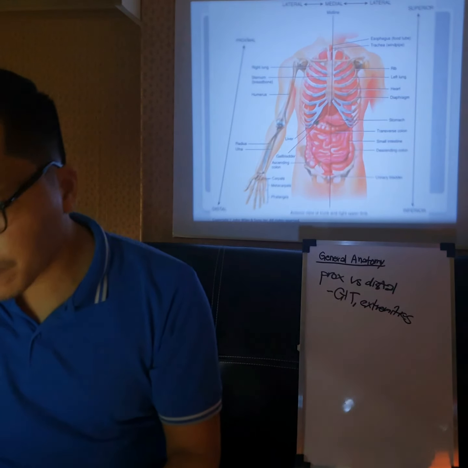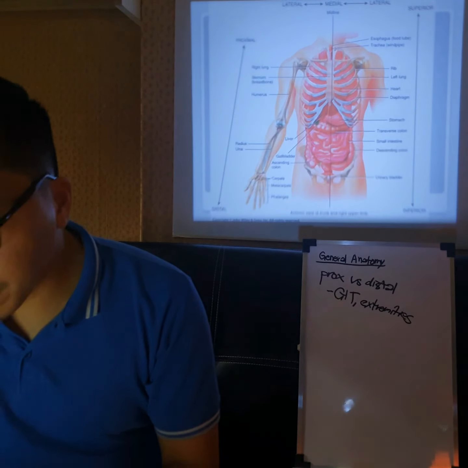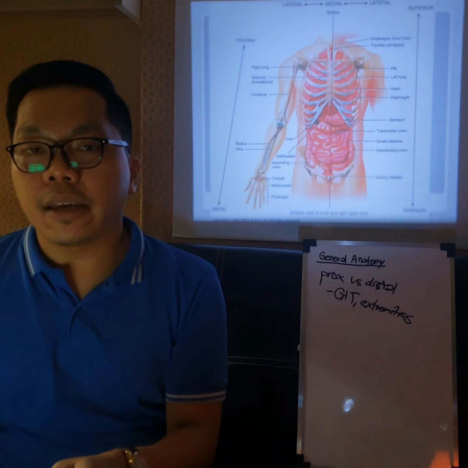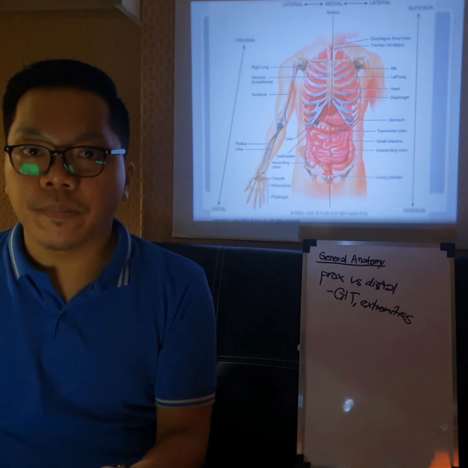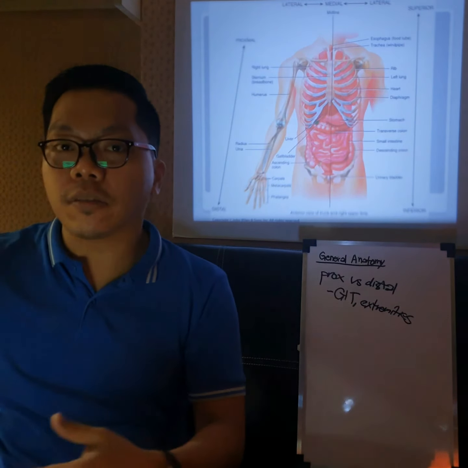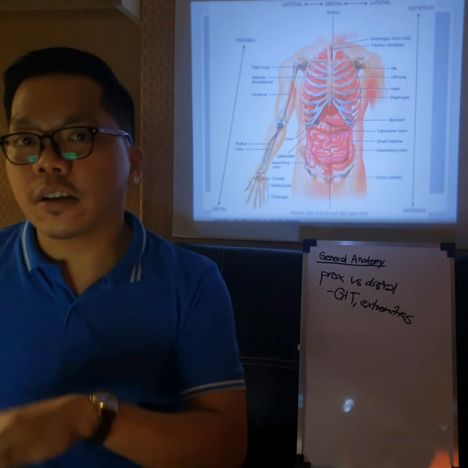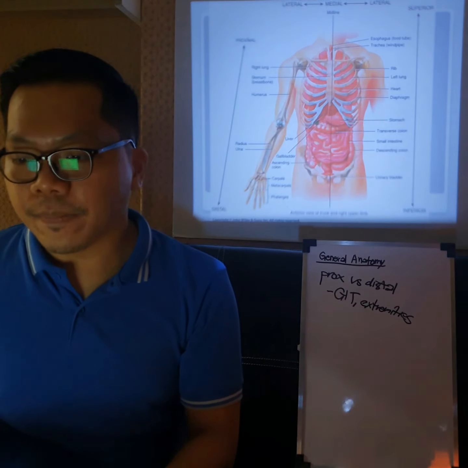So, for example, sabihin natin na small intestine versus the stomach. Okay? We can say na stomach is proximal to the intestine. Okay? So, ibig sabihin, mas malapit yung stomach sa origin compared to the intestine. Whether small intestine ba yan or large intestine.